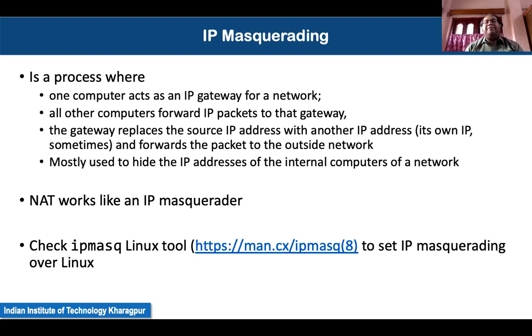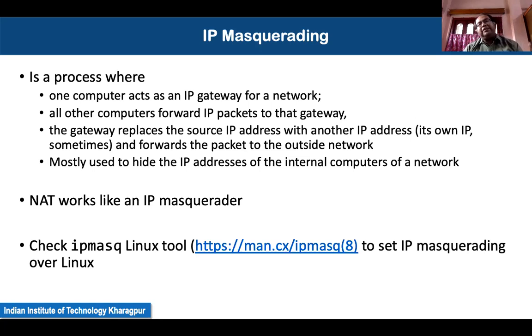Now the concept of IP masquerading is typically used to hide the IP addresses of the internal computers of a network. Say, for example, a company or an organization does not want to expose its internal machines to the outside network for security purposes. What they do is use this concept of IP masquerading.